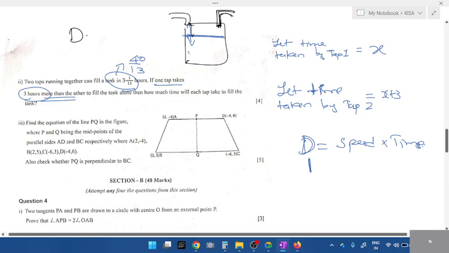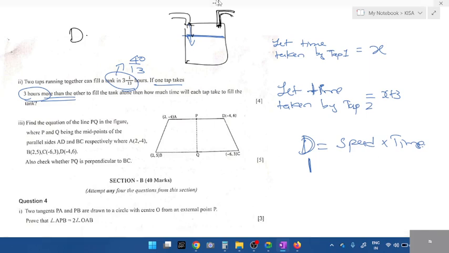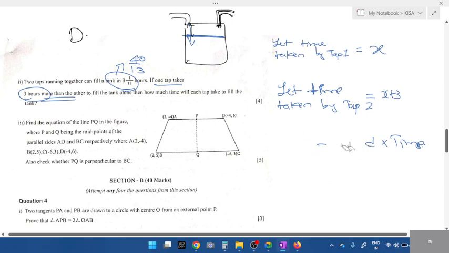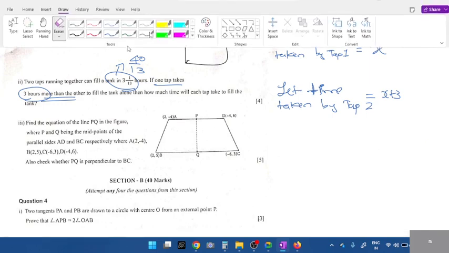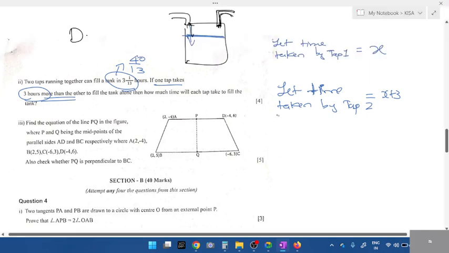So speed, no, speed is not given. How much part is filled? Distance by time. The amount of water filled.